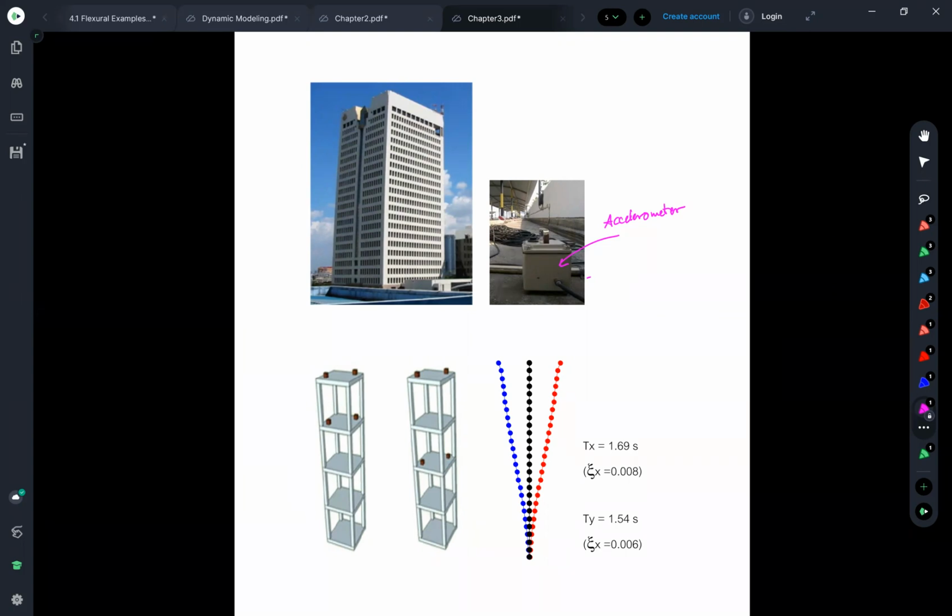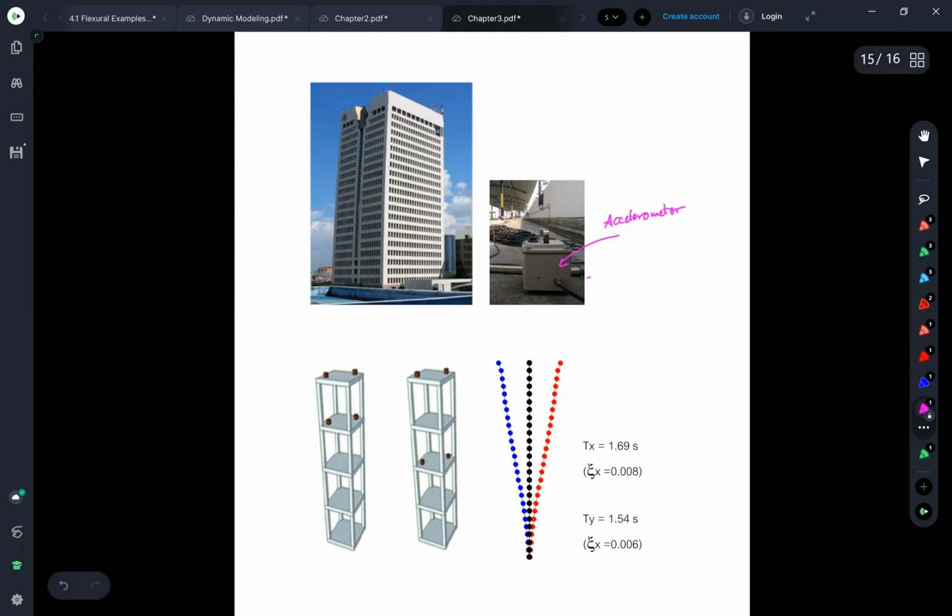Based on this type of accelerometer, when you put it in buildings, you can obtain the vibration and you can have the acceleration signal. And if you compute from the acceleration signal, you can know the frequency as well as the damping of this building.